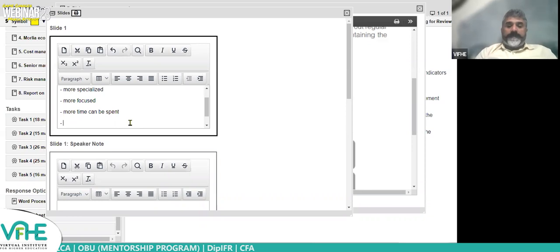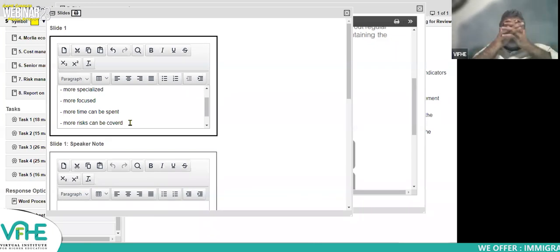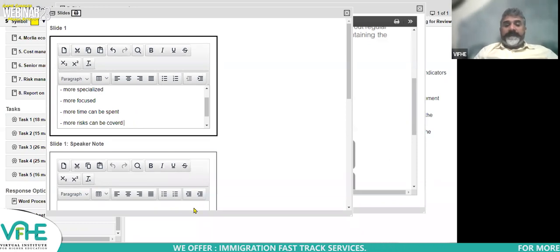I can think of one more. What about this? More risks can be covered. Right now, they are just focusing on three principal risks. Agreed?